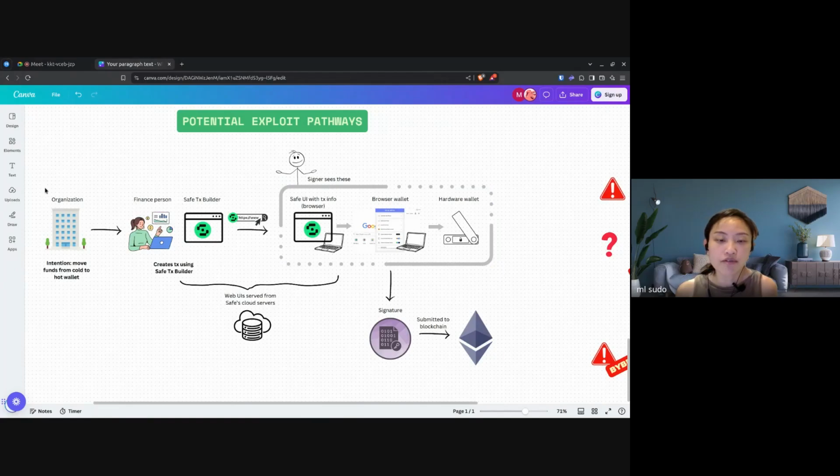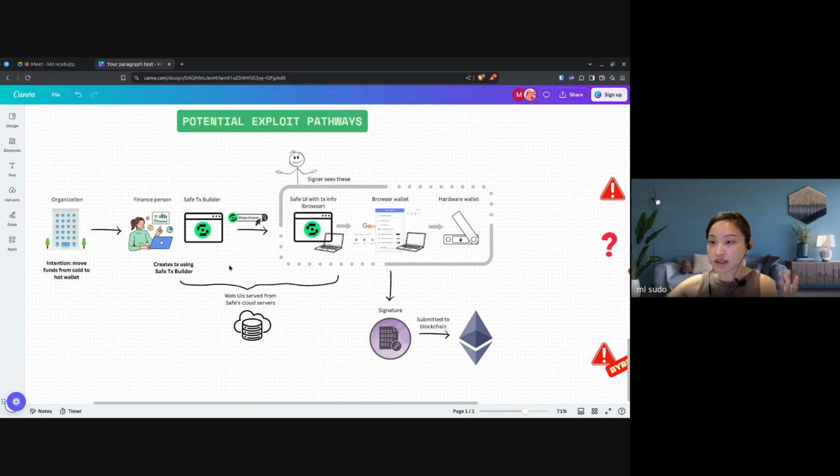So we start from the pure intention. I'm an organization, or here's an organization with the very business operational intention of moving funds from a cold wallet to a hot wallet, which is exactly what happened in the Bybit situation. Then the finance person who is responsible for making sure there are enough funds in their hot wallet working capital accounts will go to Safe using their transaction builder.